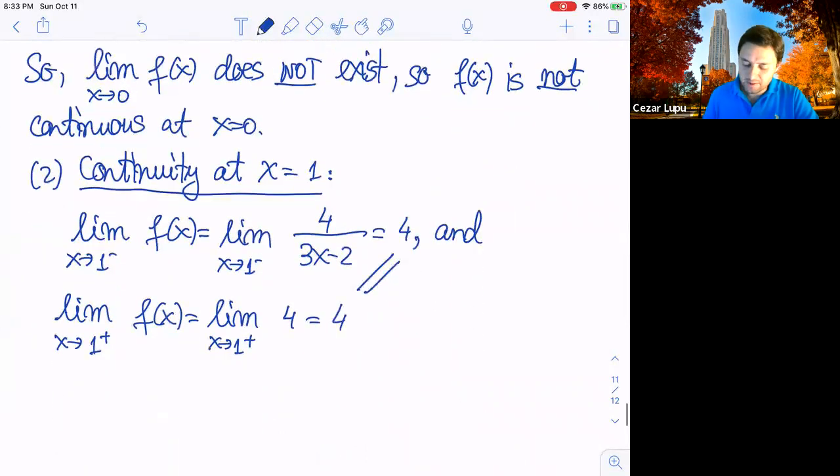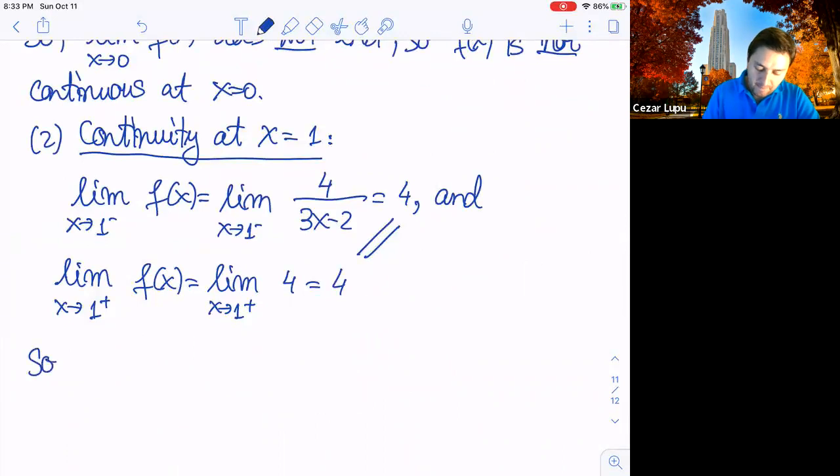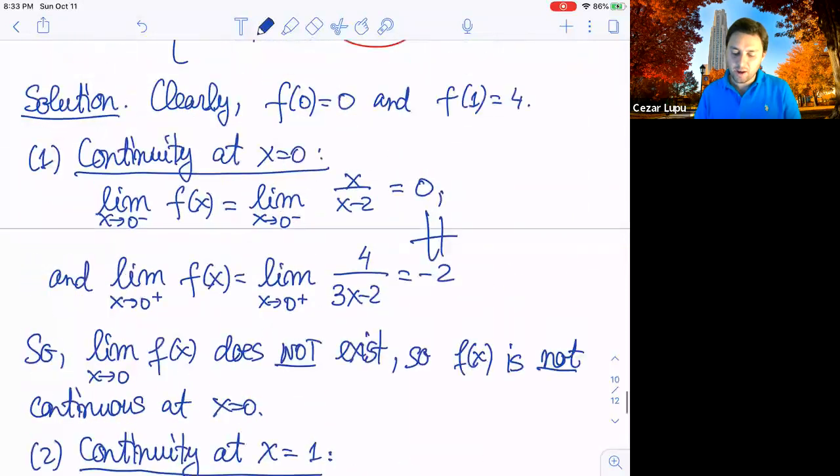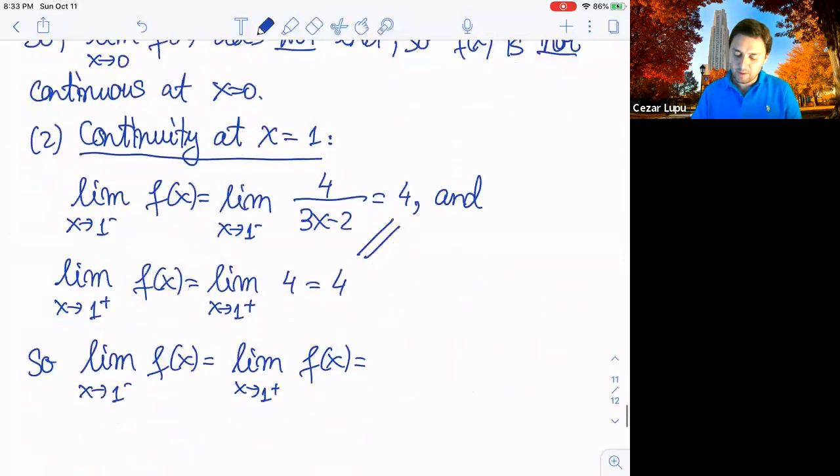Fortunately, these two agree, so the limit as x approaches 1 from the left of f of x is the same as the limit as x approaches 1 from the right of f of x. And moreover, something even better: the value f of 1 is 4. Wow, it's the same, and all these agree to be equal to 4.